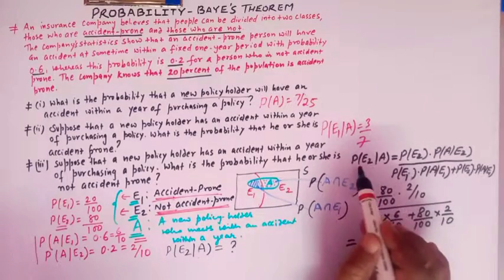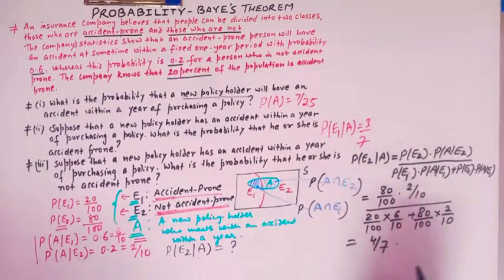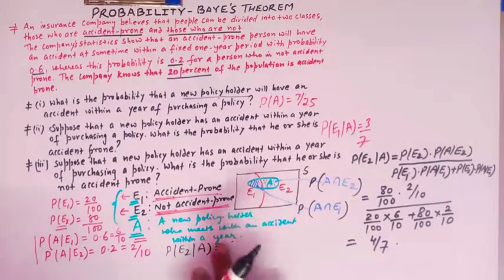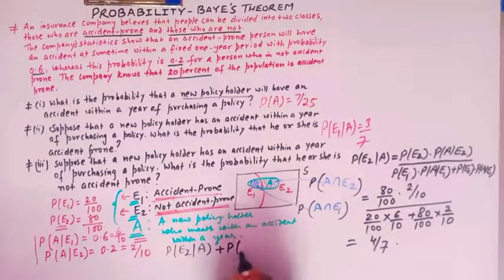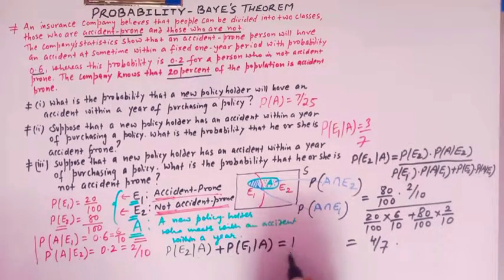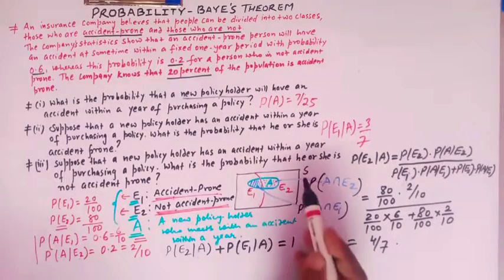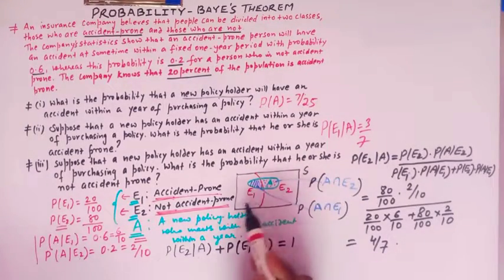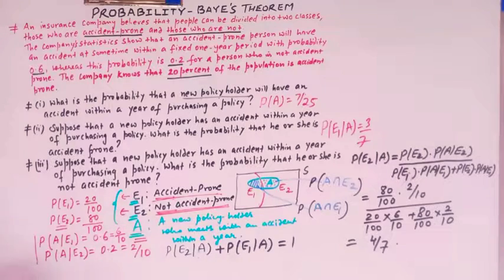Now viewers, here we have obtained the value of the probability of E2 given A by Bayes theorem, but we can also find this probability by using the concept that the sum of the probabilities of E2 given A and E1 given A is equal to 1, because in this sample space only two events E1 and E2 are defined.